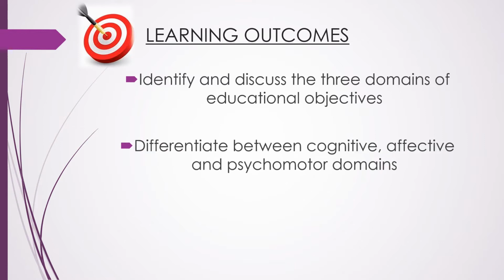And you should also be able to differentiate between cognitive, affective, and psychomotor domains. So these are the three domains that we're talking about. You're going to differentiate the three domains, and how these domains can be used in writing learning objectives.